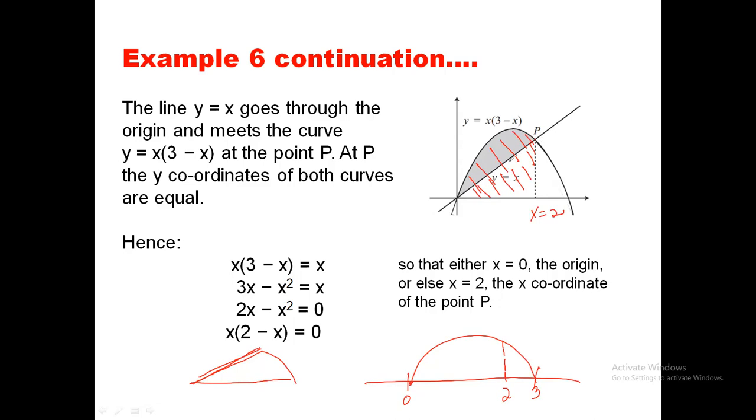I like to use the blue colored ink for this area. This same area is not included when your limits of integration are just from 0 to 2. The line here is also from 0 to 2. So the area under the curve minus the area under the line will give you this gray area here.